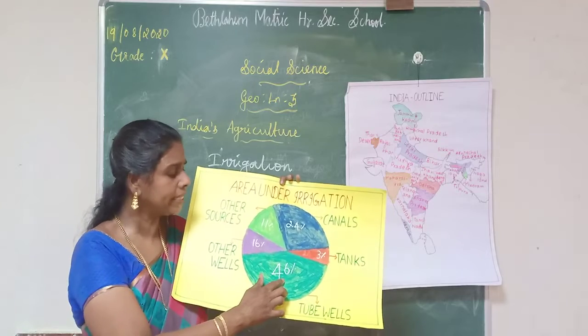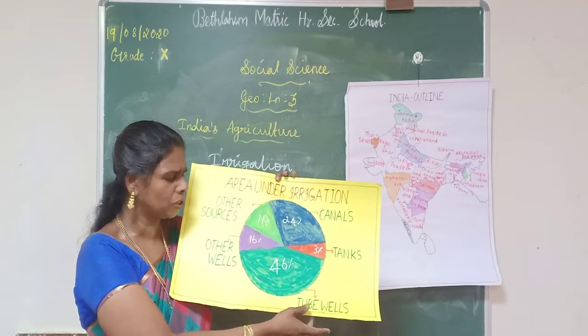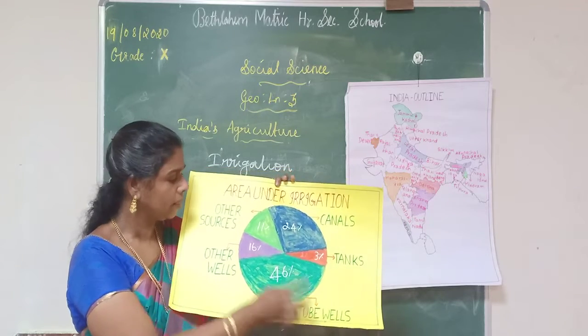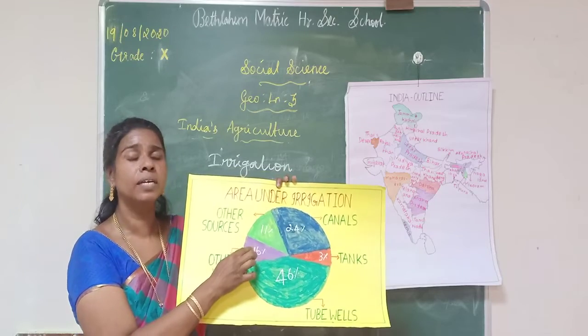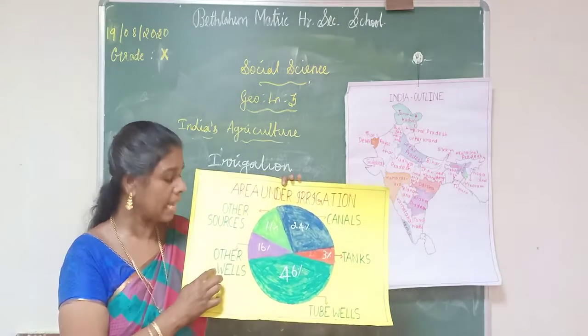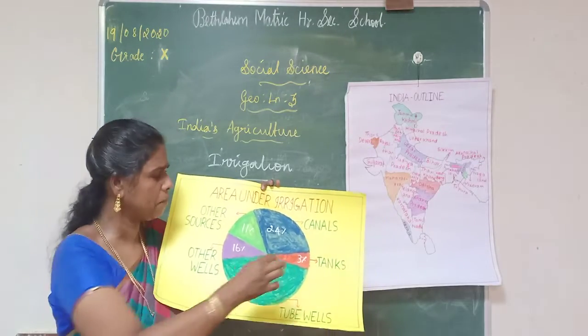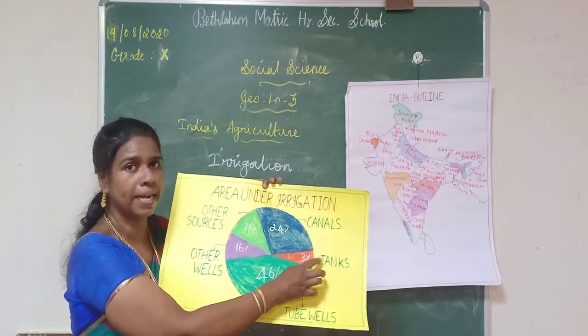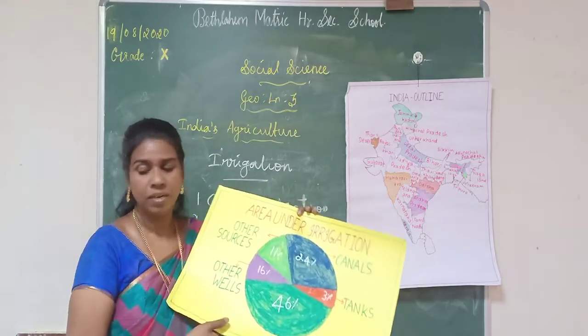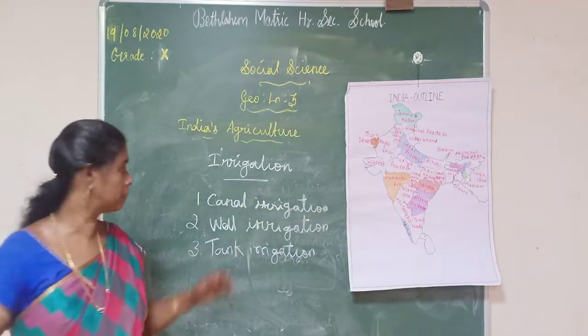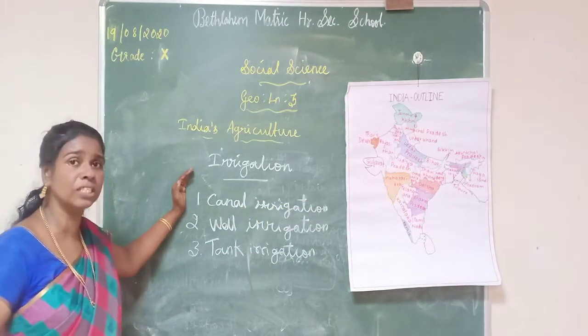Among them, 46% of areas use tube wells and 16% use other wells. Other wells means open wells, etc. The remaining 3% of areas are irrigated by tanks. Okay students, now I am going to explain each source one by one.